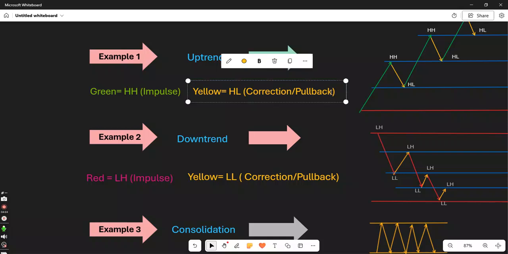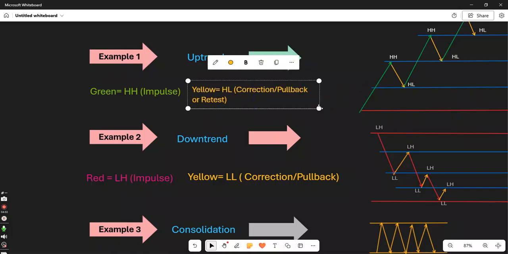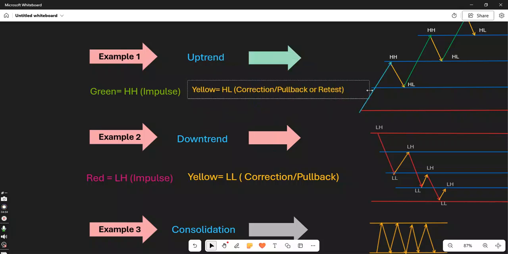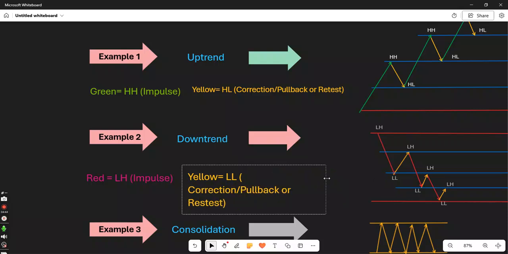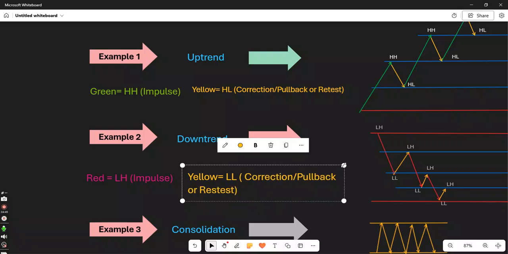Usually the correction or the pullback retest, you have different ways to identify it, but it doesn't necessarily have to be just one or the other.